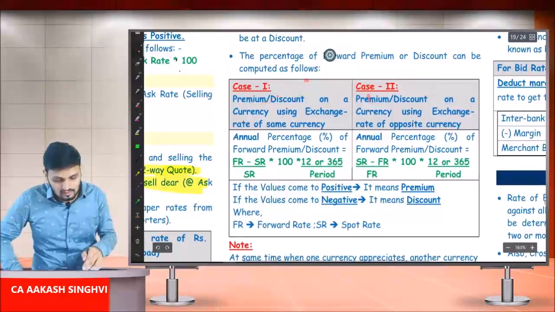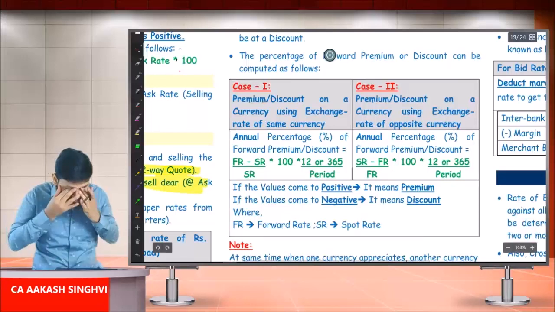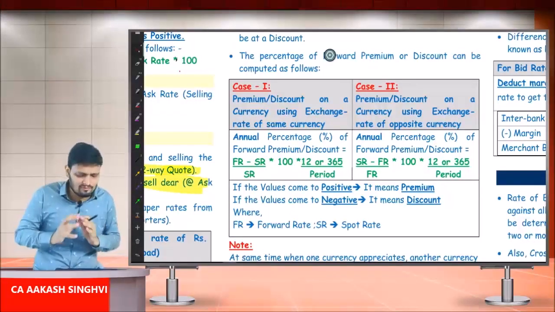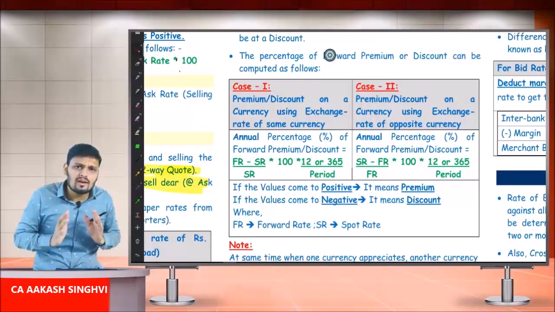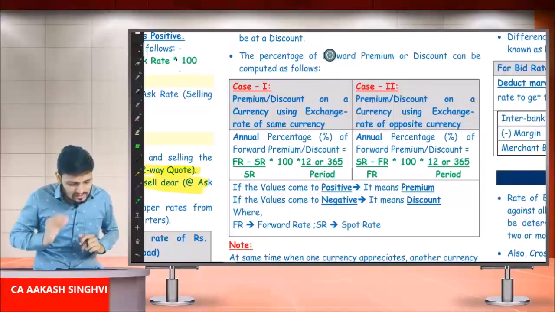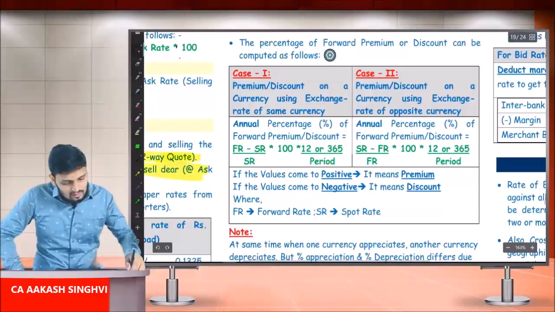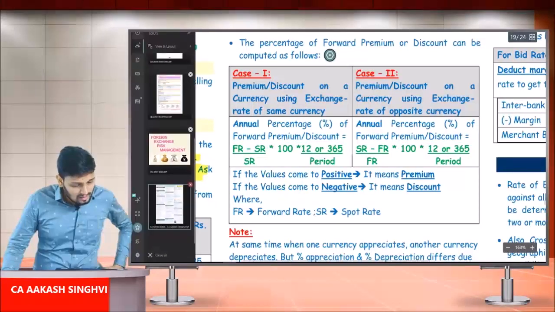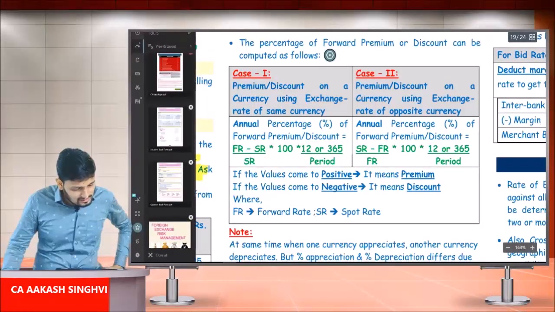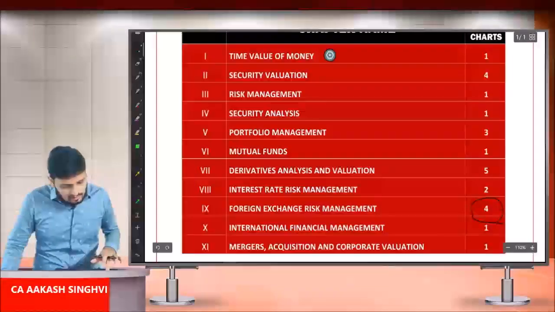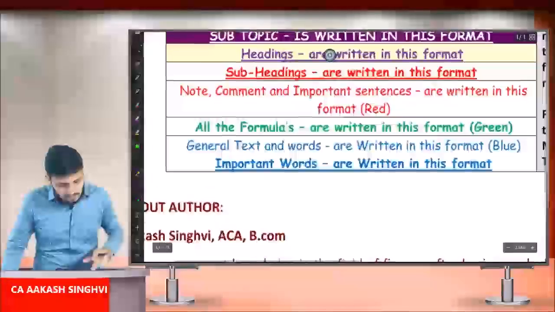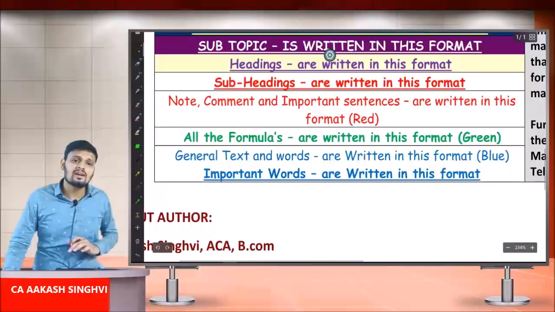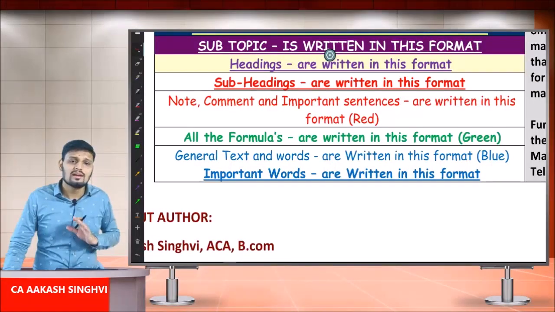Case 1, case 2. Now understand carefully. I have drafted all these formulas really beautifully. You will appreciate it. Now one more thing. Before understanding this book, I have already explained in the last introduction that all the formulas are written in green.